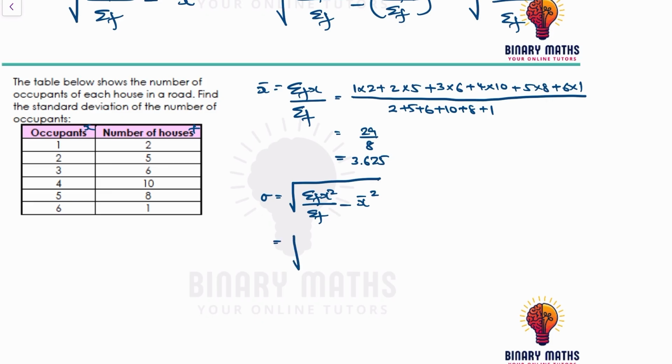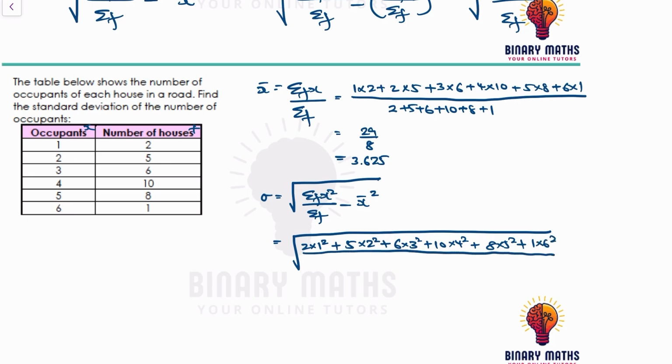So it's going to be 2 times 1 squared plus 5 times 2 squared plus 6 times 3 squared plus 10 times 4 squared plus 8 times 5 squared plus 1 times 6 squared, all over the total frequency, which is 2 plus 5 plus 6 plus 10 plus 8 plus 1, minus x bar squared, which is 3.625 all squared.